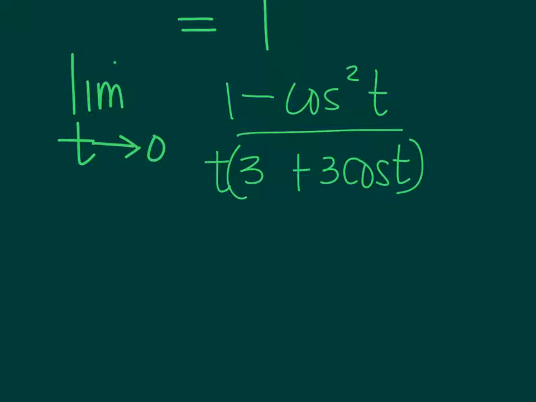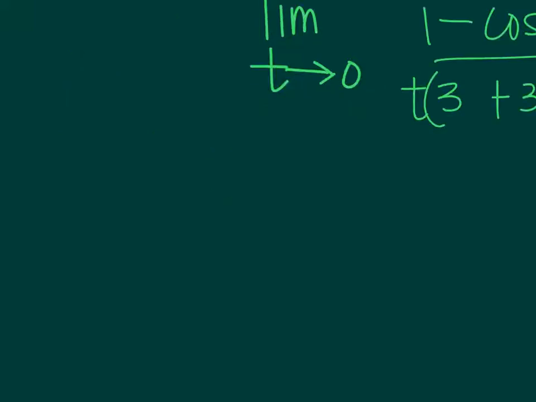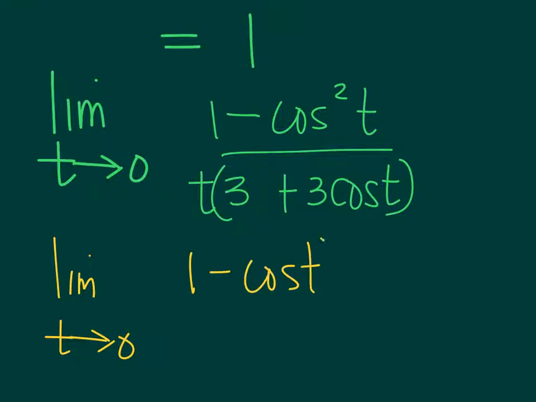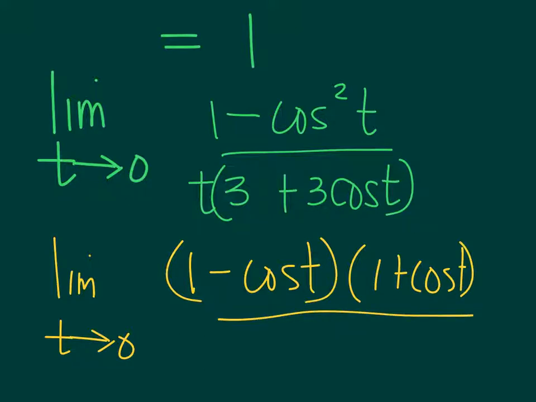So what will trigger us to think that somehow this is a 1 minus cosine t over t? Because you see a 1 minus cosine squared t. You can extract by factoring that the 1 minus cosine t will appear. So if we try that, we have the limit as t approaches 0, factoring, so 1 minus cosine t and then 1 plus cosine t over the t.